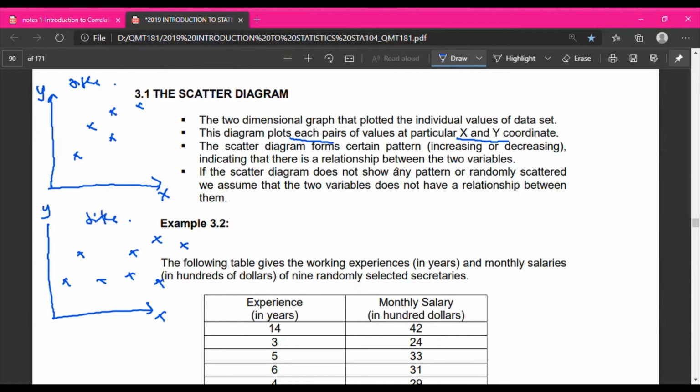So, we can say that the relationship between x and y does not exist because the points do not show any pattern or the points scattered randomly. So, we can say that x and y do not have relationship.